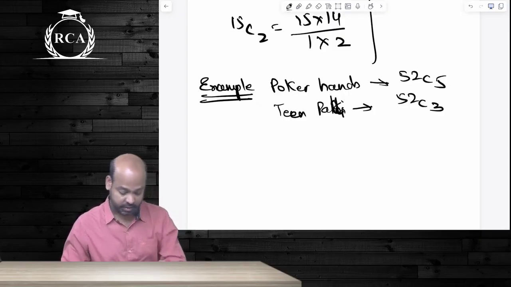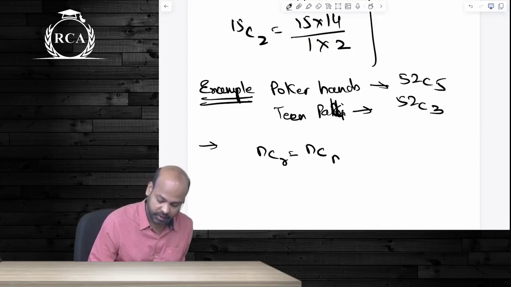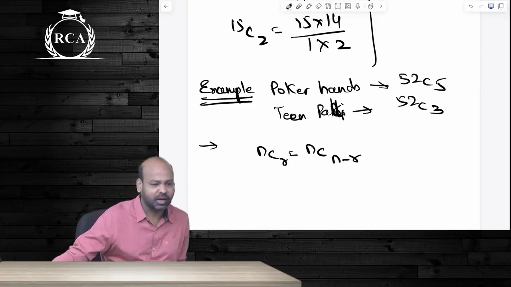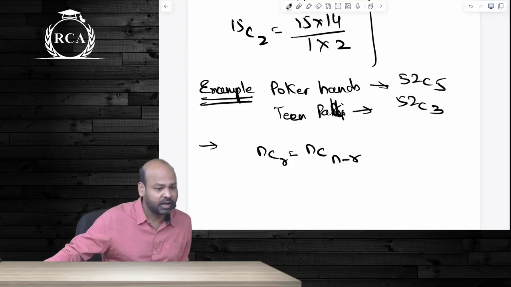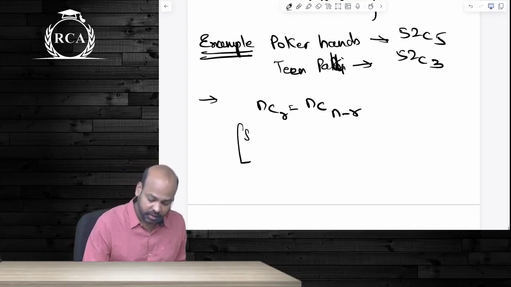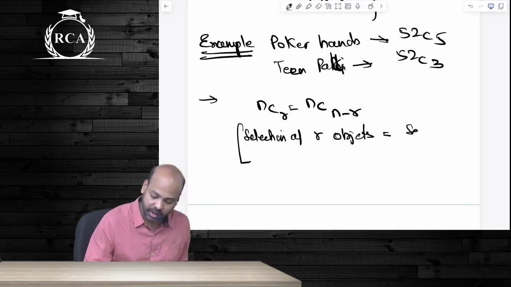Next, to remember the property: nCr is equal to nC(n minus r). What is this property? Selection of r objects will be equal to selection of n minus r objects. What was the example?